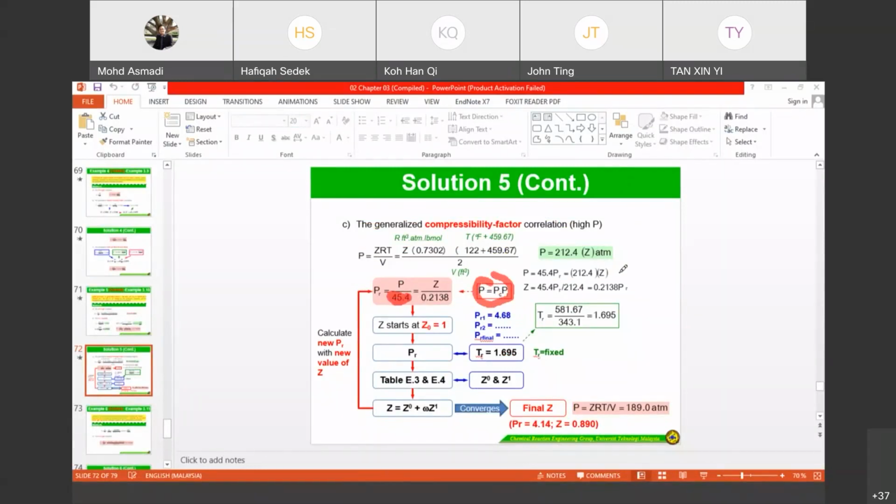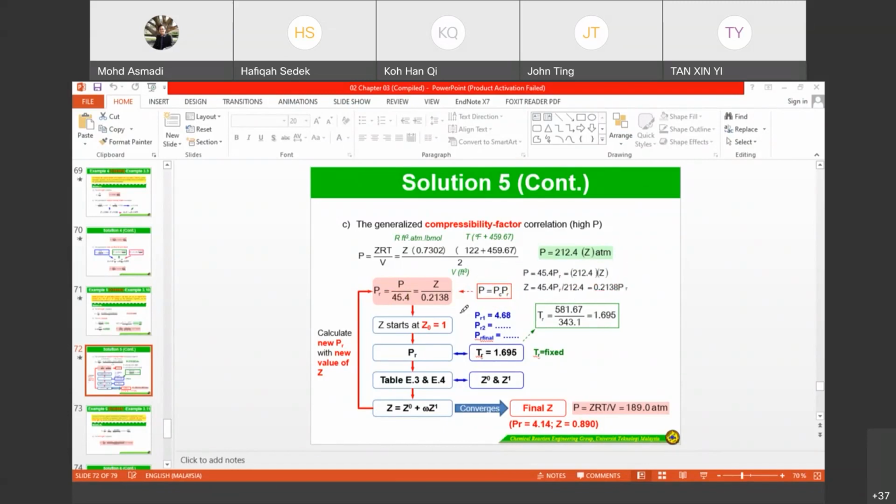So you can get this kind of relationship: P equals 45.4 PR, equal to 212.4 Z.